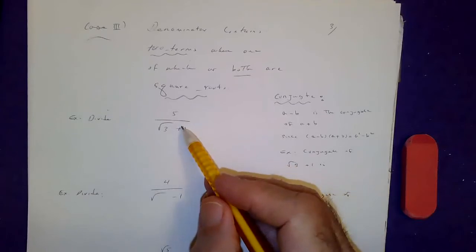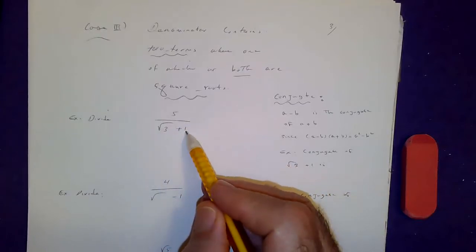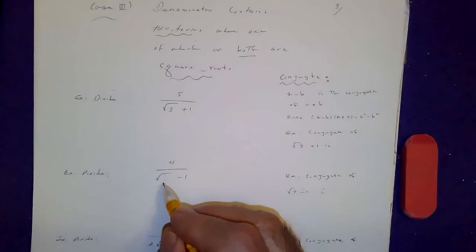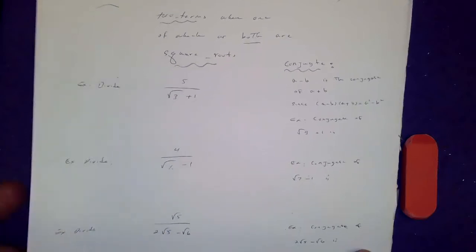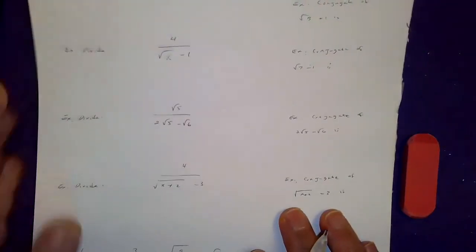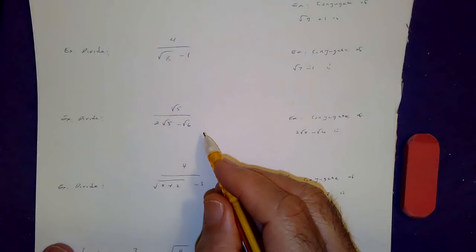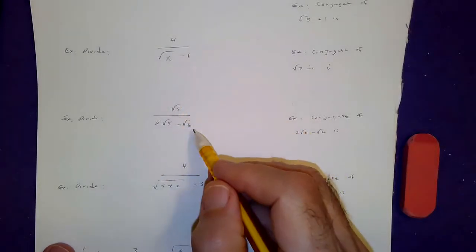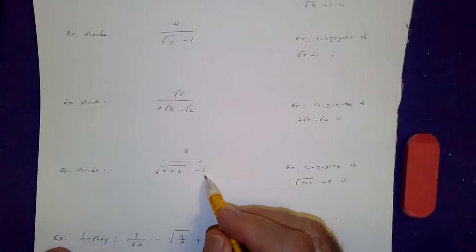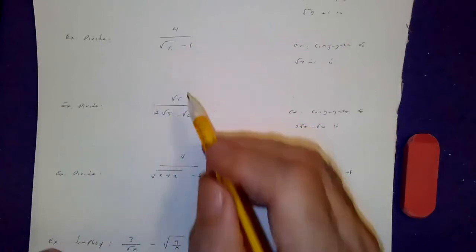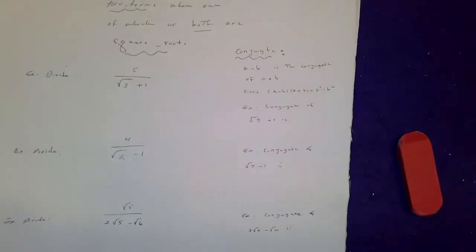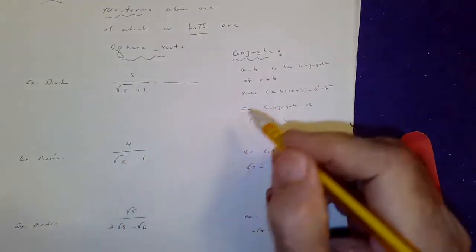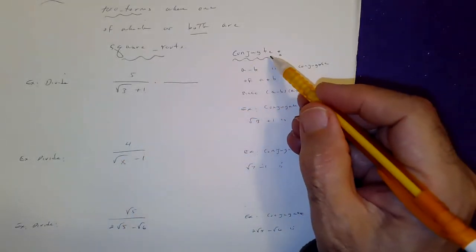In other words, either you have one square root plus a number or minus a number, or you have 2 square roots. In this case, what we have to multiply top and bottom by is what is known as the conjugate.